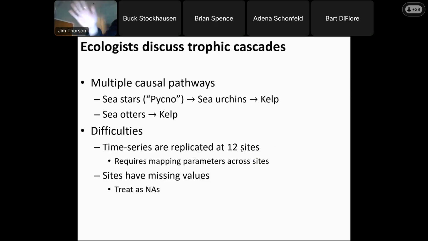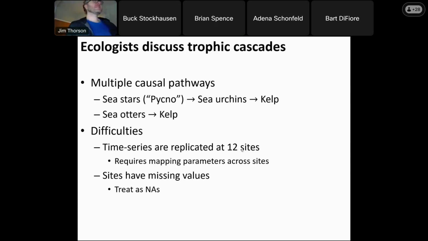Ecologists, by contrast, we got stuck talking about trophic cascades. But anyway, here we dug up this data set, Tim helped me, of sea stars affecting sea urchins, affecting kelp, and then sea otters having a direct effect on kelp. In this case, we've got 4 variables across 12 sites, so we've got 48 variables across about 30 years of different length.